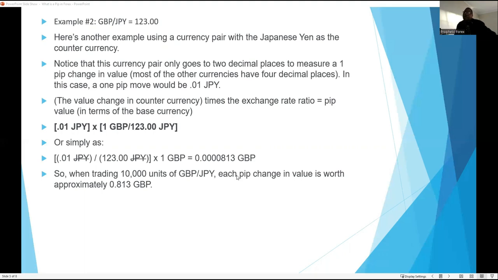Okay, so again, we want to take the value change of the counter currency times the exchange rate equals the pip value. So what we do, we just cancel out the other ones. We want to take 123.00 times £1. It will give you exactly how much per pip it will be equal to in pounds.